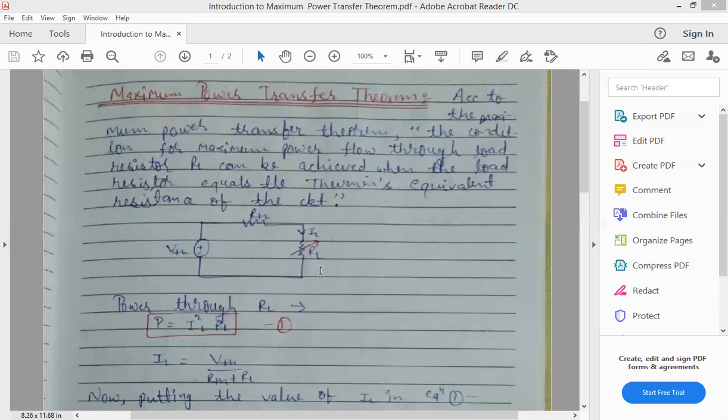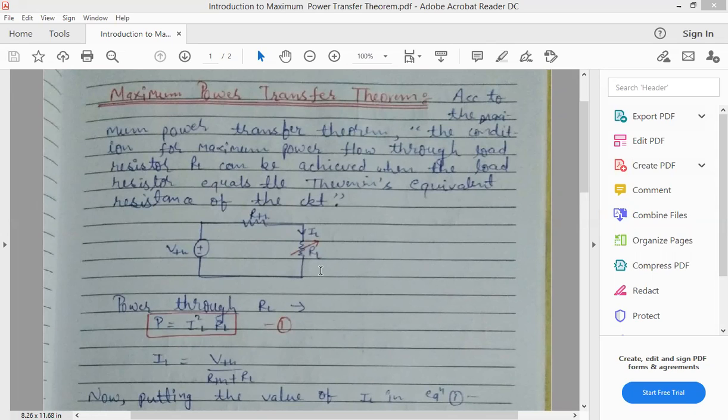It means that when the load resistor RL is equal to the Thevenin's equivalent resistance of the circuit, at this condition, maximum power can flow through the load resistor RL.